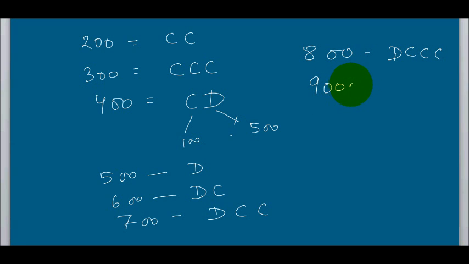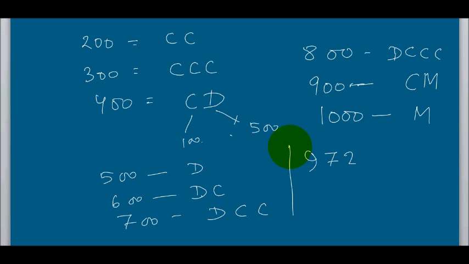Now how will you write 900? Then what do you have? M minus C, right? And 1000 is M. Now it is very clear. If you are asked to write 972, suppose, very easy. You know 900, CM is 900. You know 70: L plus XX, that means 50 plus 20.